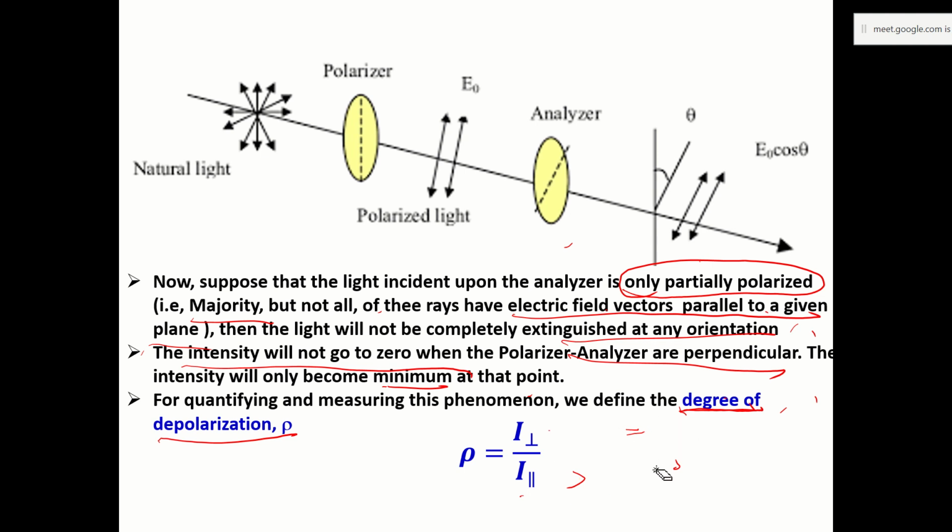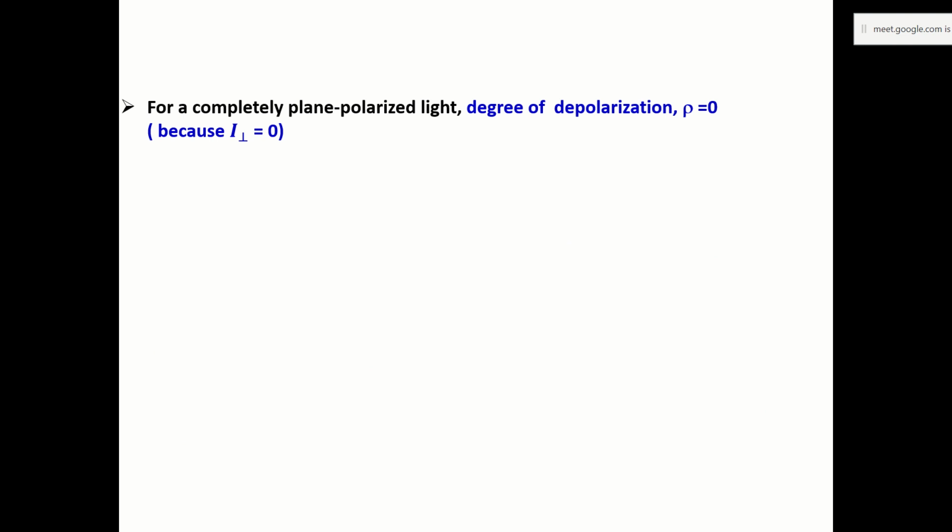So this depolarization ratio, in case of complete polarization it should be 0. In case of no polarization it will be 1. So let's define it this way.